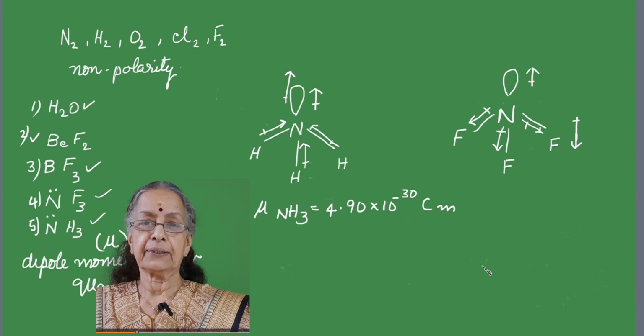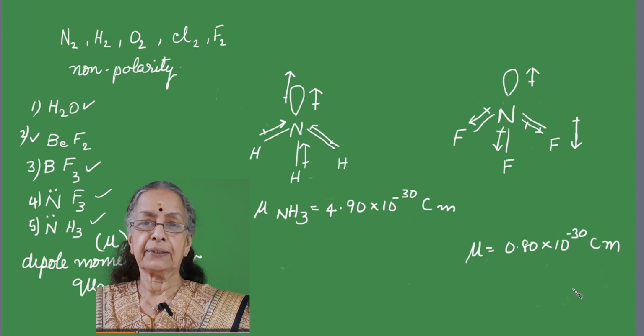So the net dipole moment for nitrogen fluoride will be the vector sum of these 2 dipole moments, and that is equal to 0.80 into 10 raised to minus 30 coulomb meter. This is very less. What is the reason for this reduction?